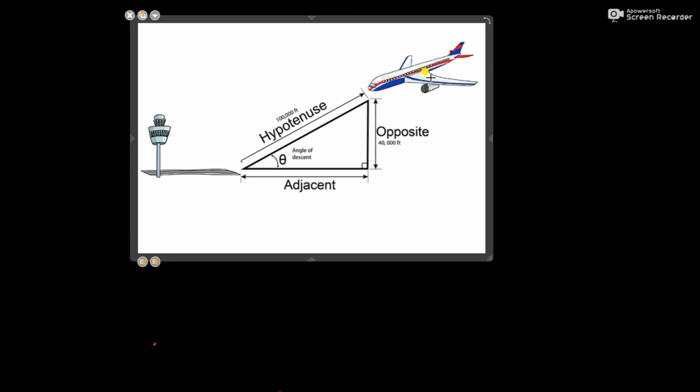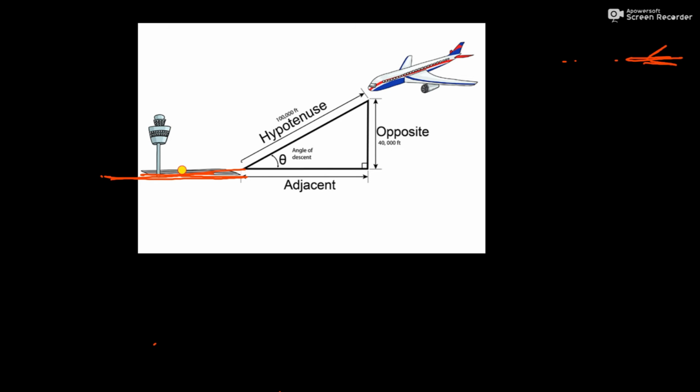Suppose a pilot is flying the flight like this. The pilot is flying and coming back home. And this is the airport land, and he wants to land the flight over here.